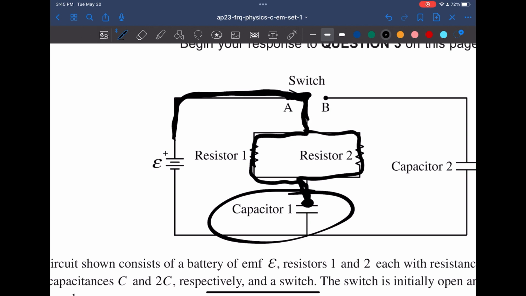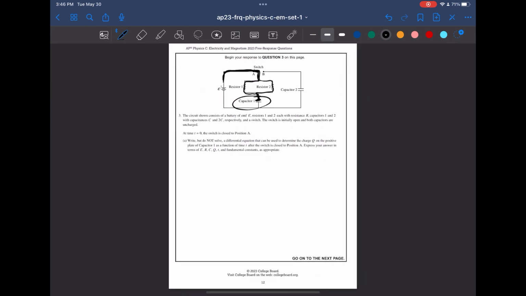So as water is being pumped into the tank, the amount of the tank that is filled with water will increase. So we can see that the charge will go through this here, and over time it will build up on the plate of the capacitor, which will increase its charge density.